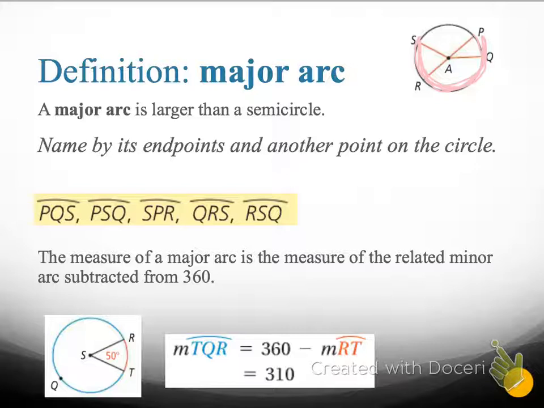So if the minor arc is 50, all we take is 360 minus 50 to get the measurement of our major arc, which is 310.